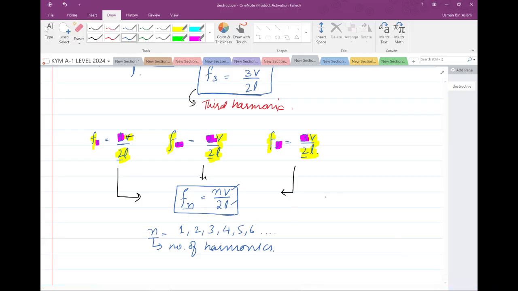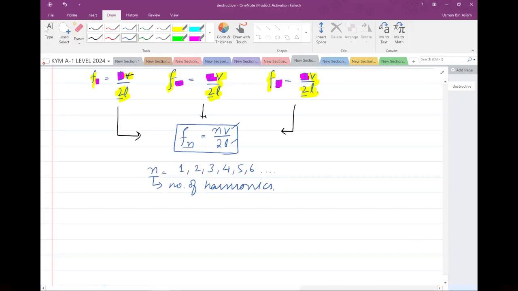Yes. That is great. If you understand that, I'd like to tell you one more thing about this. Fn equals n times V over 2L. Do you remember that this V by 2L, isn't that the frequency of the first harmonic?